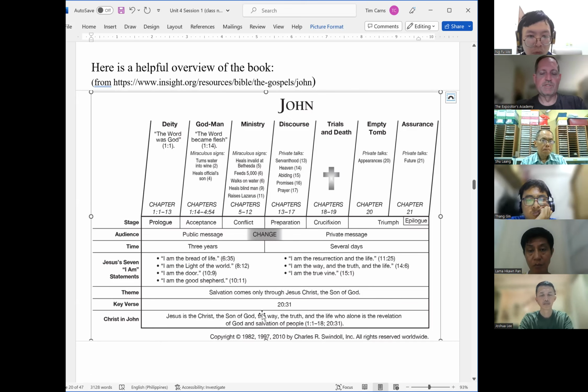So this is just a nice, helpful chart as well that you can look at in the notes later.